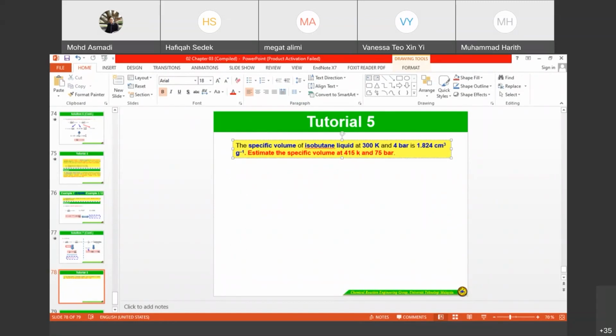So meaning that you have to calculate by using what we call a rho equation.